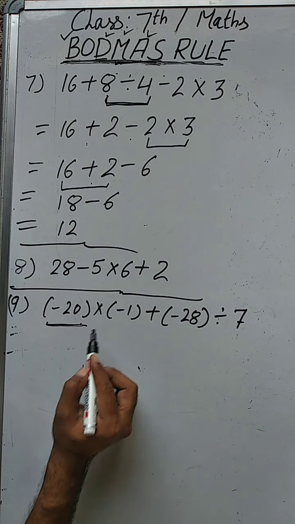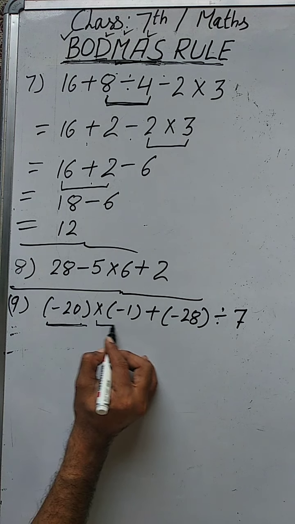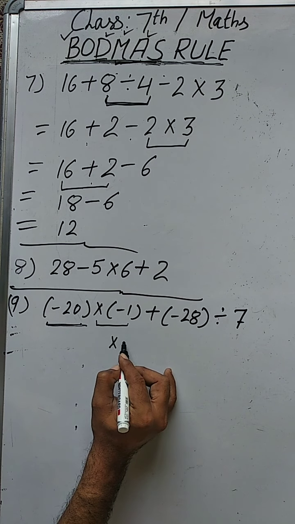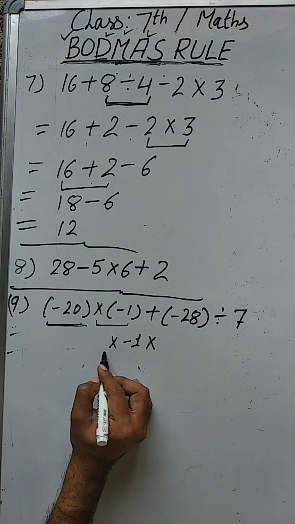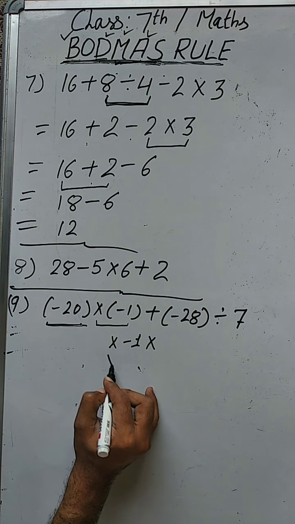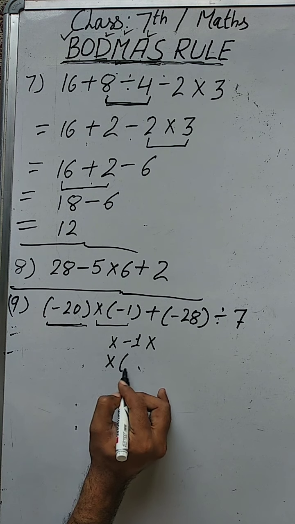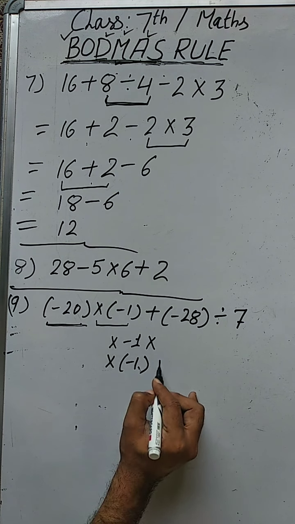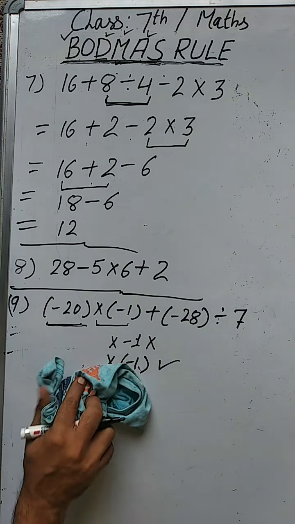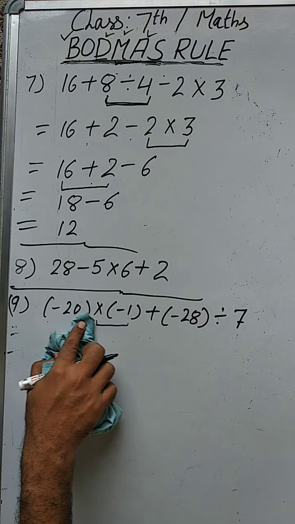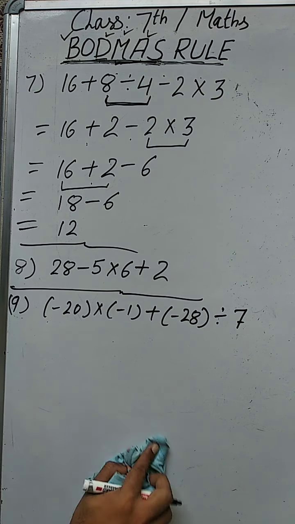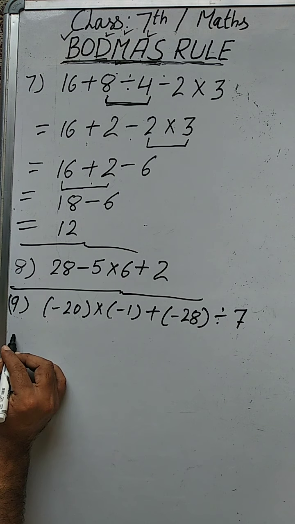This bracket is simply to differentiate the sign. Like here, if I write multiply and minus 1, it will be wrong. So to differentiate these two operators, we write multiply, then bracket, then minus 1. You have to consider only those brackets in which there are two or more than two numbers.